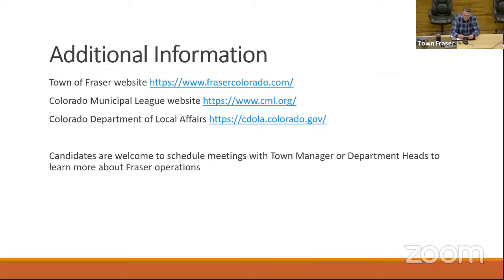The Colorado Municipal League is an advocacy group that represents municipalities throughout Colorado. Their role is to provide training for municipal elected officials and staff, to provide networking, and also to provide advocacy. They monitor the laws coming before the Colorado legislature and weigh in on them to protect the rights of municipalities and local governments.